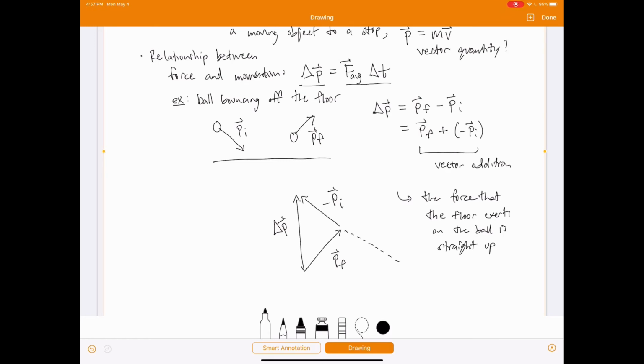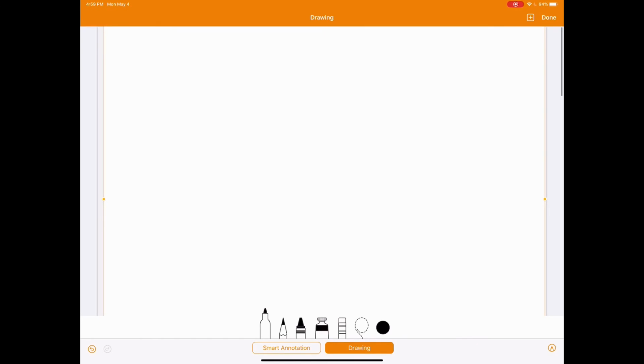And if I wanted to put a number to it, of course I could calculate it using this equation. But that's the idea. There's some kind of force involved in this bounce. It's very closely related to the change in momentum. And that leads us to the next topic, which is conservation of momentum.